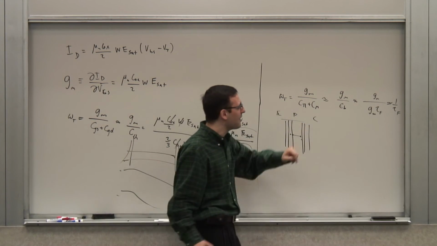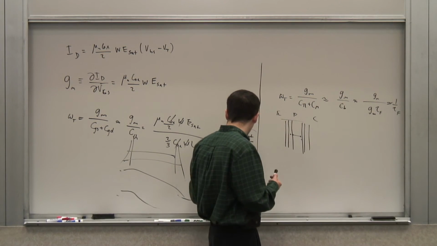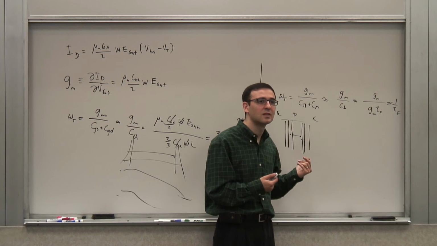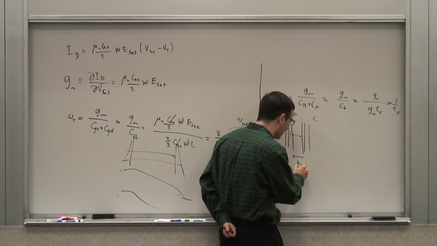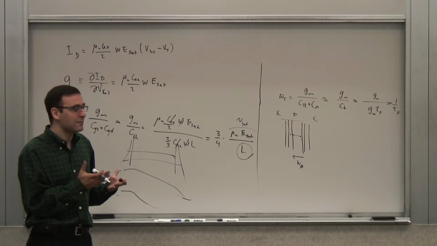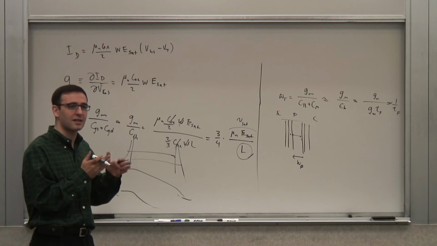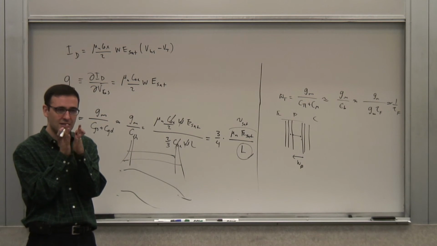But then, what is the parameter that controls my tau f? Equivalent to the L, the width of the base, right? WB. Now, it really boils down at that point to how can I get the smallest WB? That's the other parameter that controls.